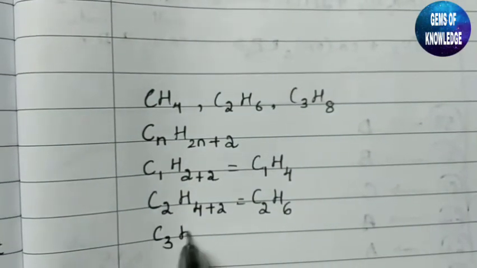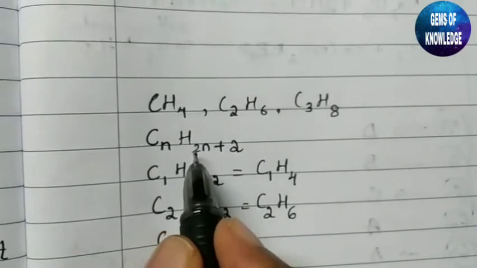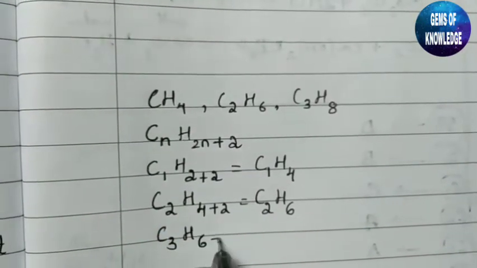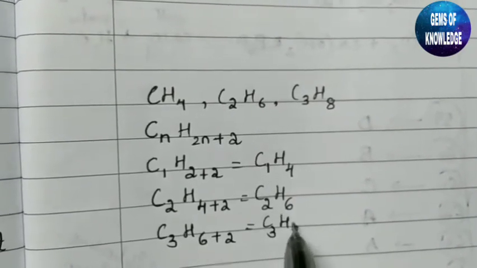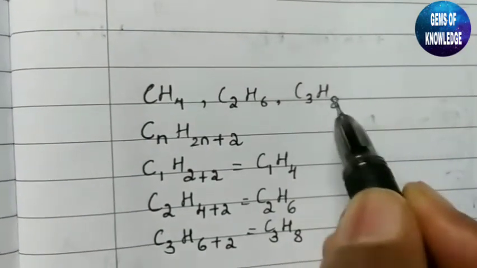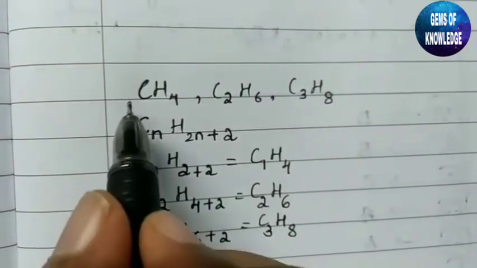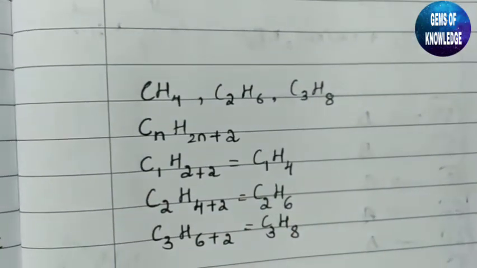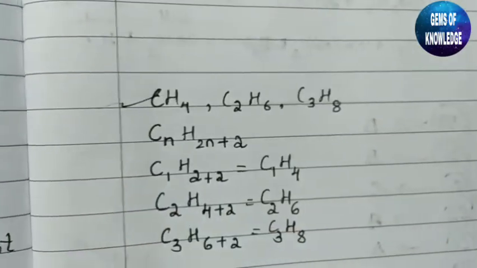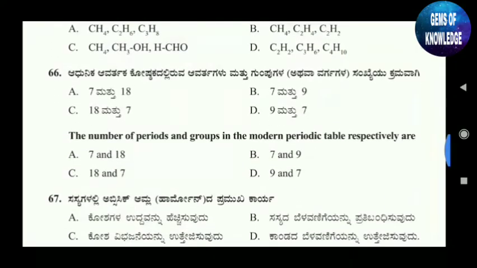Similarly C3H: 2 threes are 6, plus 2, it becomes C3H8. So we got the third one. Here the correct option is this only: CH4, C2H6, C3H8. That is A1. Then moving to the next question.